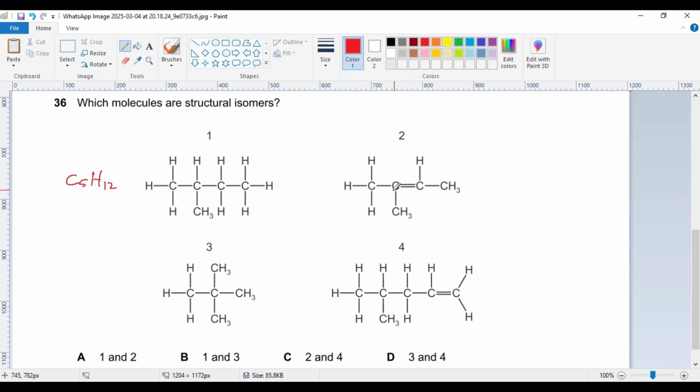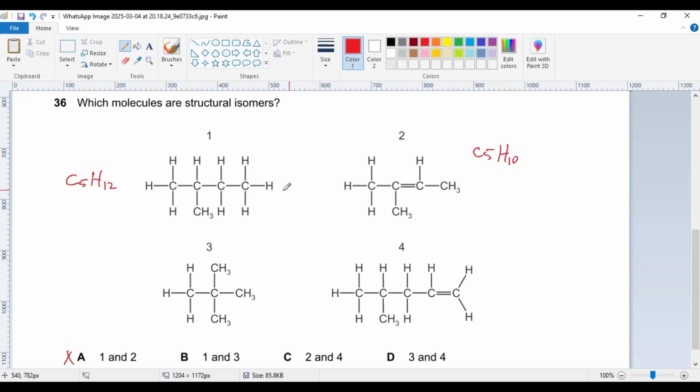And here it cannot be an isomer of 1 because it has 2 double bonds, although the carbon atoms are 5. 1, 2, 3, 4, 5. And hydrogens are 1, 2, 3, 4, 5, 6, 7, 8, 9, 10. So this is an alkene. 1 and 2 cannot be isomers. So option A is wrong.